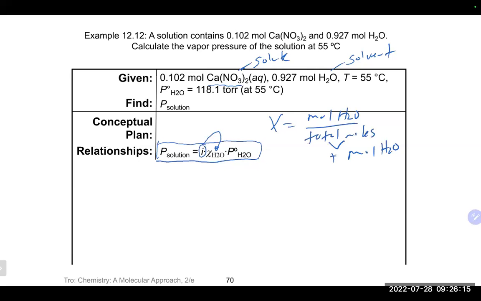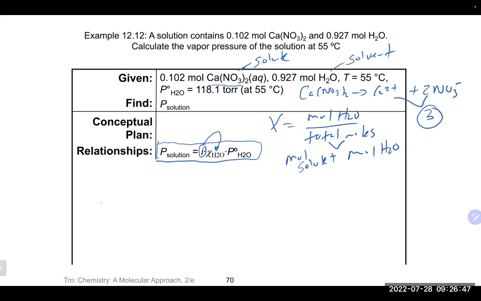We do also need to take into account the moles of our solute here. But since our solute in this case is ionic, it will generate more particles than a non-ionic one. So our calcium nitrate, when it breaks apart, will give us a calcium plus a couple of nitrates, which means we're going to get 3 particles, or an i value of 3.